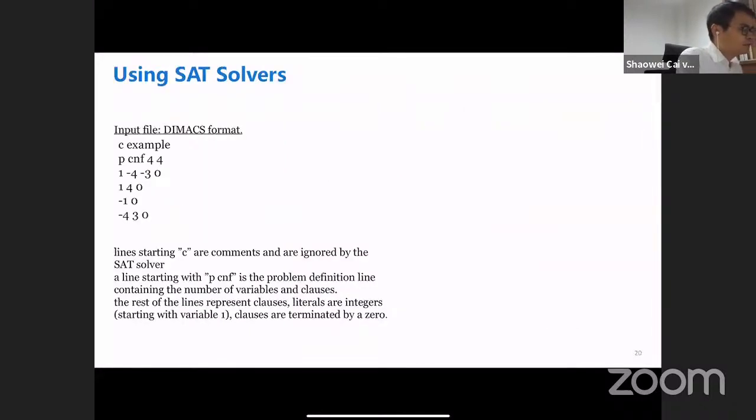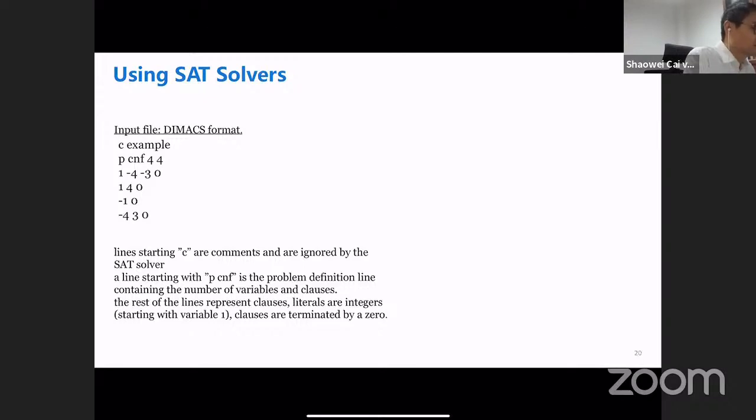If we have a problem and we try to solve it using a SAT solver, then we need to express the problem in a format that can be accepted by the SAT solver. Many SAT solvers adopt the DIMACS format. This is the input file. Lines starting with a C are comments, so they will just be ignored.